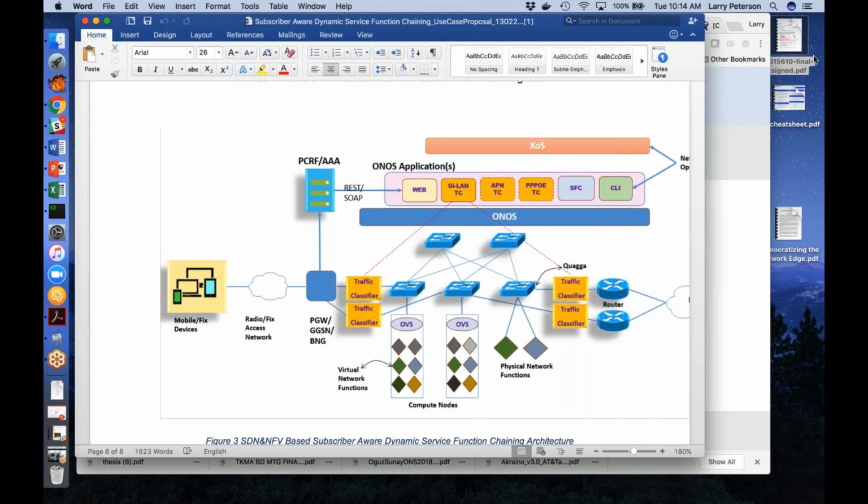Because in principle, if the fabric is responsible for redirecting traffic, it can do it to a PNF, it can do it to a VNF, and so on. So that part hasn't been quite worked out yet. We are focusing on getting this fast path through the fabric first.